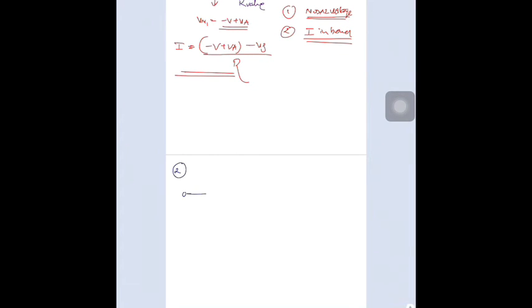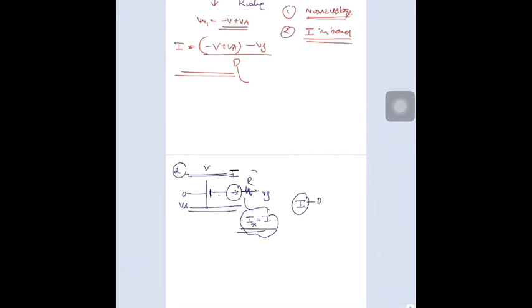Now say for example you have a branch like this. What I am trying to explain is, if you have a current source in any branch, say along with a resistance R, then the current in that branch is equal to the value of the current source irrespective of any other element in that branch. This means the current source dominates in series.